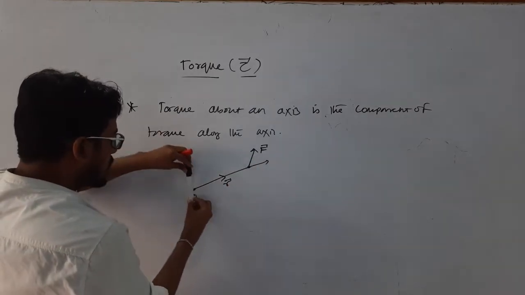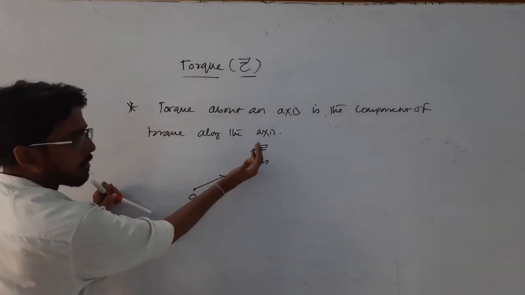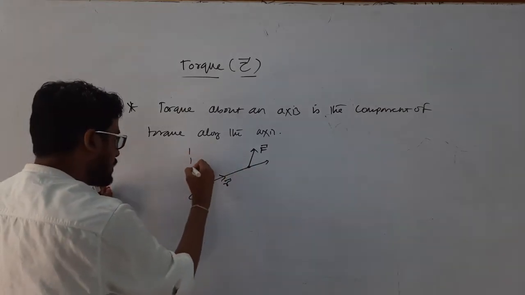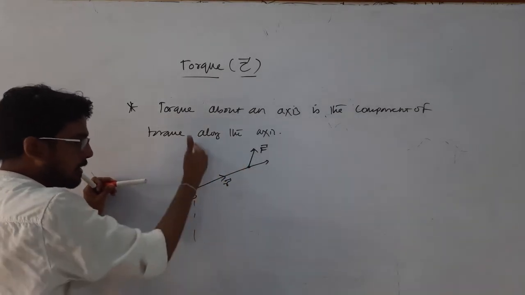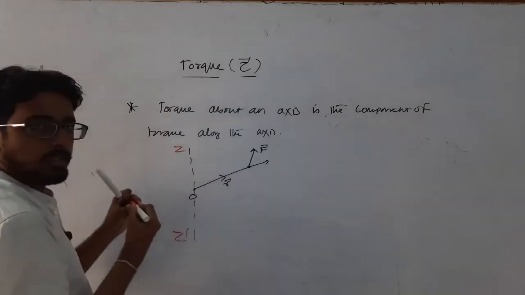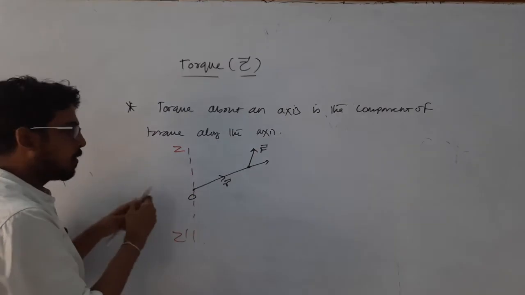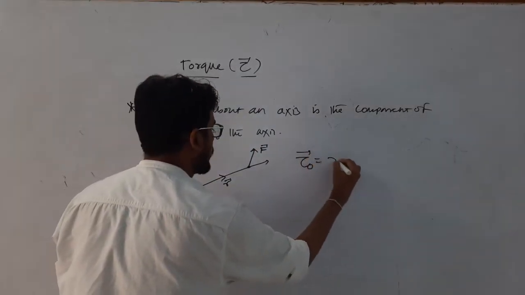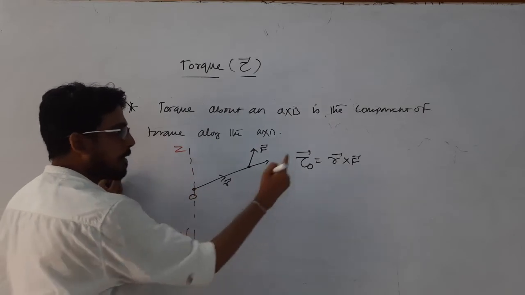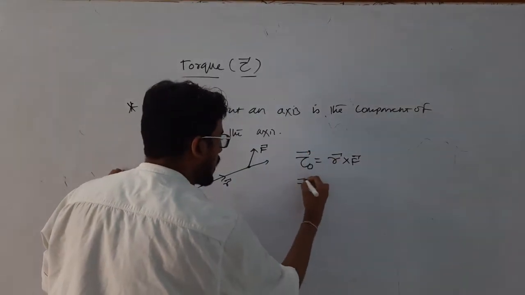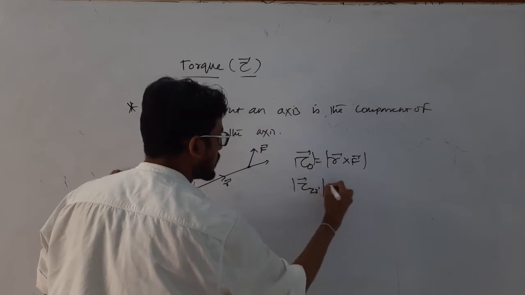If I take the axis of rotation like this, the torque about this point O will be R cross F. If this is the axis of rotation and I want to find the torque along this axis Z dash, the torque due to this force F about this point O can be written in vector form as R cross F. But if I want to find tau mod, the magnitude, then tau mod about Z dash will be equal to how much?